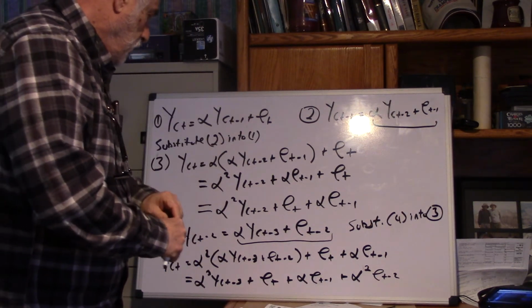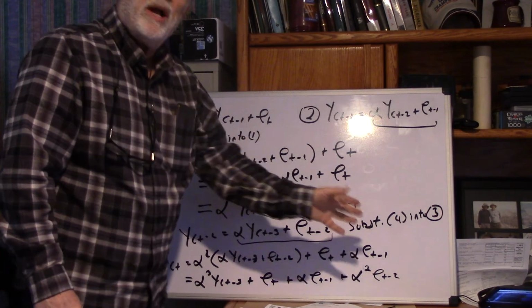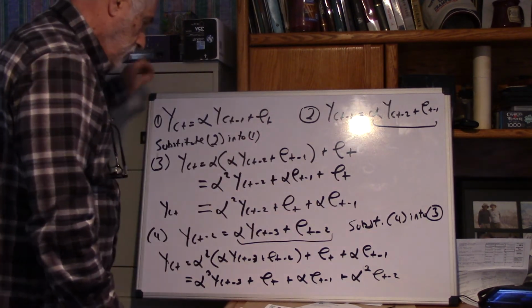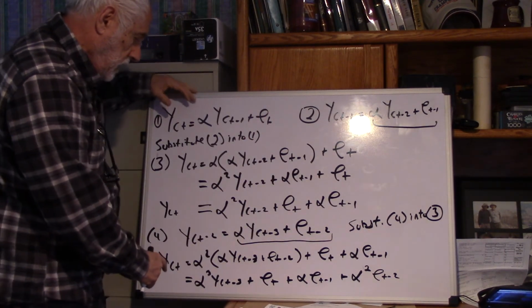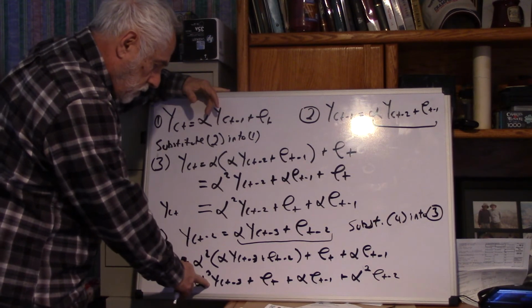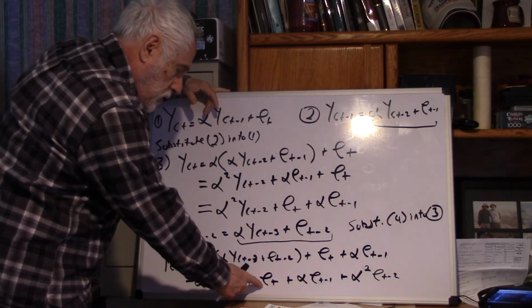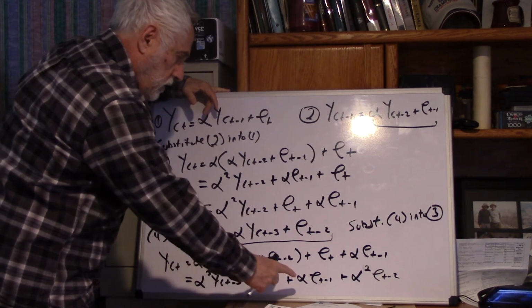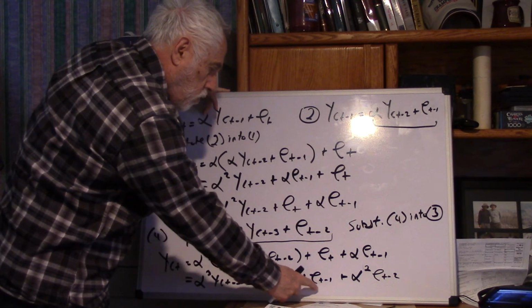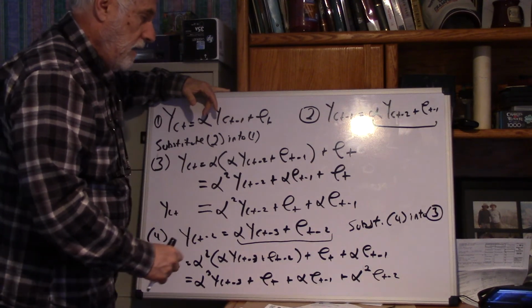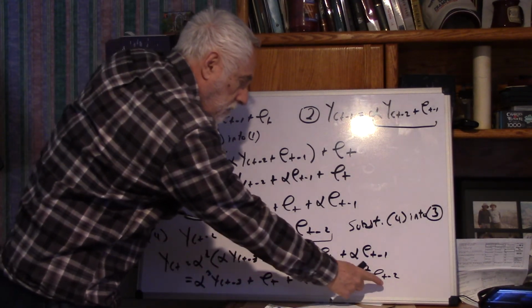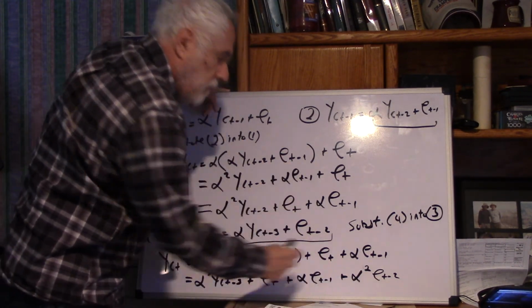So if I just multiply this alpha squared through and rearrange, what I have is Y^C_t equals alpha cubed Y^C_{t-3} plus the demand shock in period t, plus the demand shock in period t minus 1 multiplied by alpha, and then I have ε_{t-2}, 2 periods back, multiplied by alpha squared.